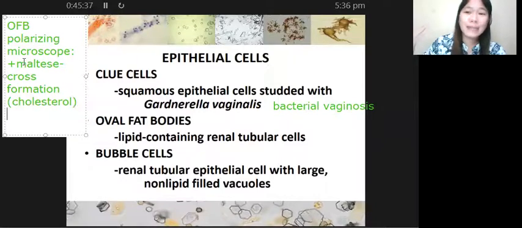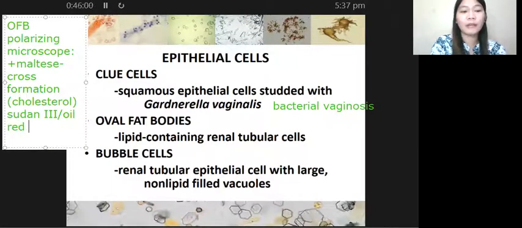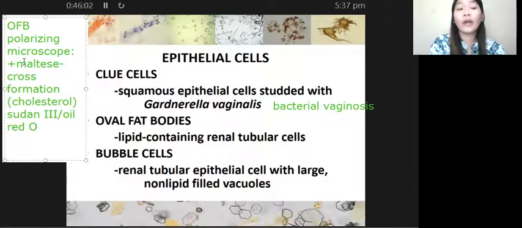Okay? So since lipids ang pinag-uusapan natin, syempre hindi natin pwedeng ipagwalang bahala ang ating lipid stains. Okay? So ano yung mga lipid stains natin? We have your Sudan 3, 'di ba? Or your oil red O. So again, ano ang positive natin for our Sudan 3 or our oil red O?